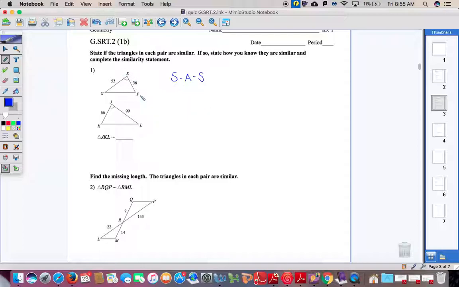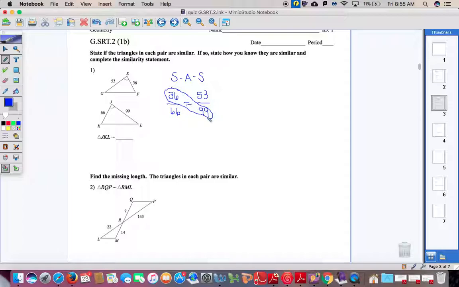And the way we're going to check this is we're going to say EF, which is the small side of our first triangle, divided by 66, which is the small side of the larger triangle, should equal 53 divided by 99, the larger sides. If we have it set up in this manner, we can then cross multiply.